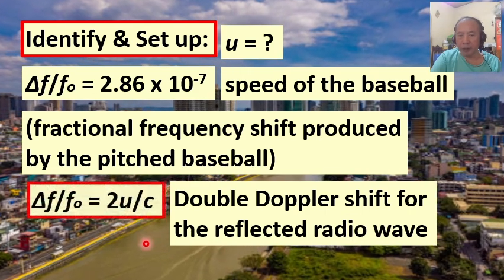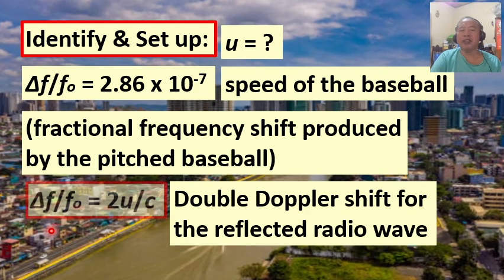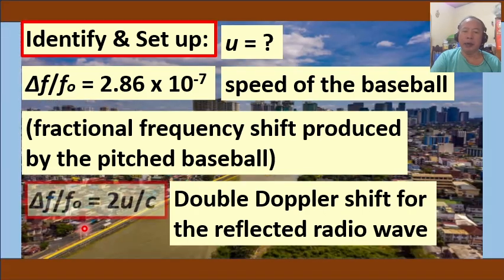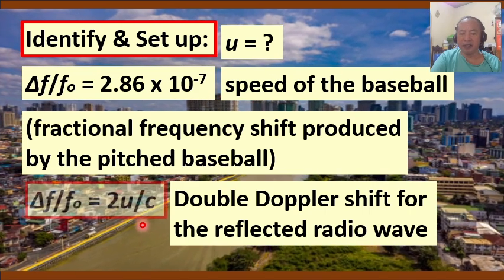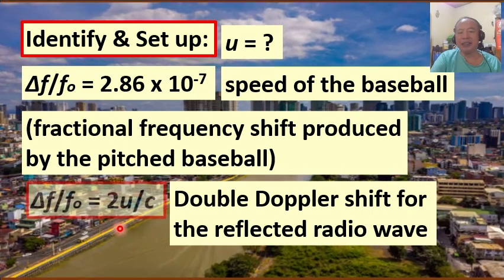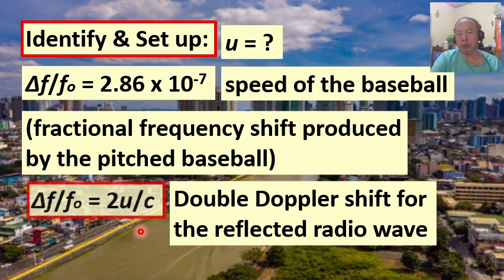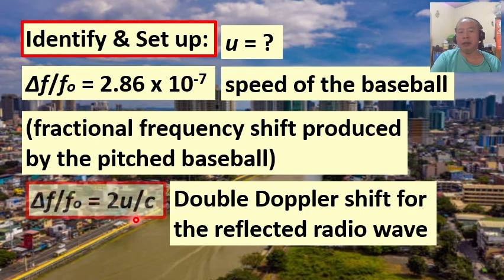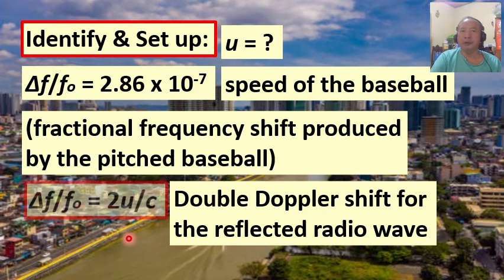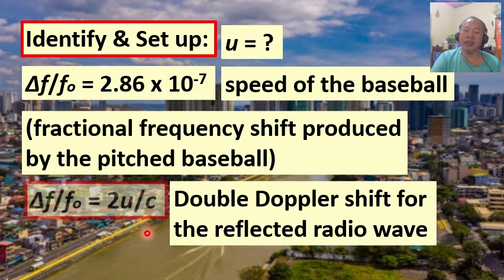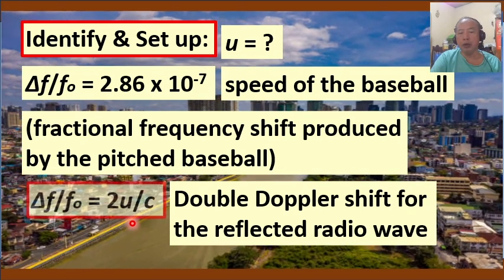That's why in our approximate expression for delta f over f naught being equal to the ratio u over c, we multiply u over c by 2. And this will be our basis for deriving the target variable, the speed of the baseball u.